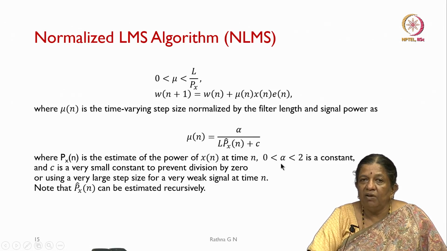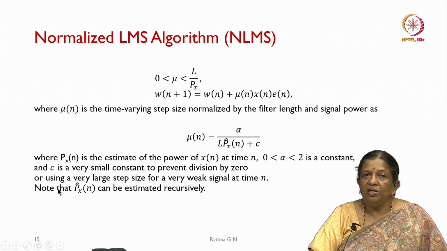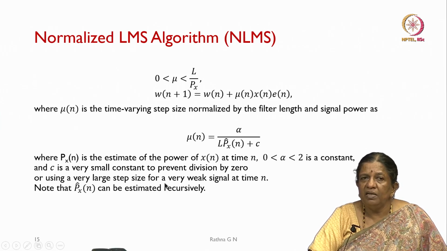Alpha will be taking a value between 0 and 2, which is a constant, and C is a very small constant, so that when the power becomes 0, division by 0 is avoided by this constant. It is very small, so that it does not get affected, or we do not use a very large step size for a very weak signal at time n.